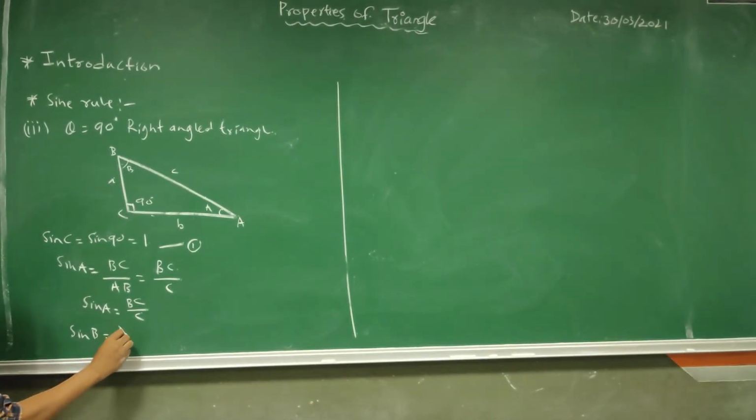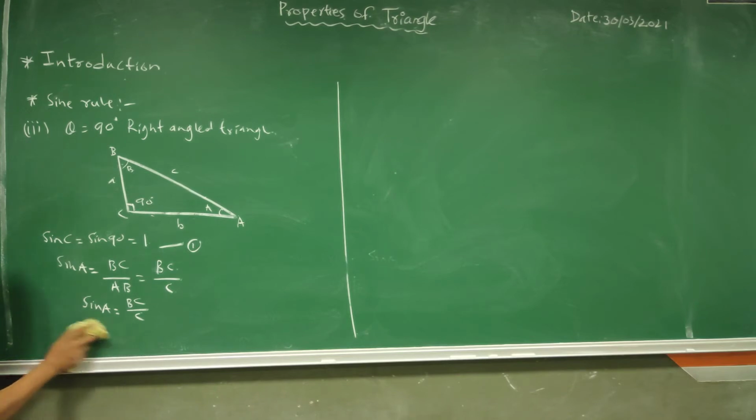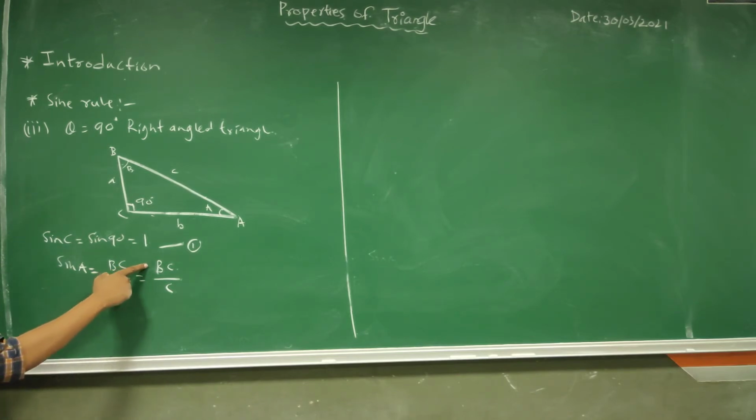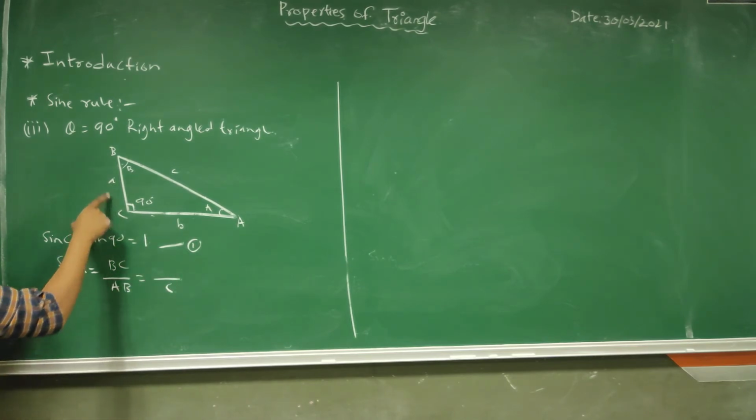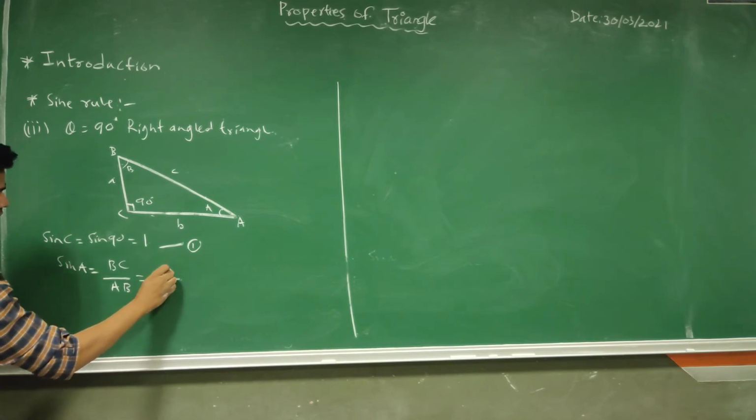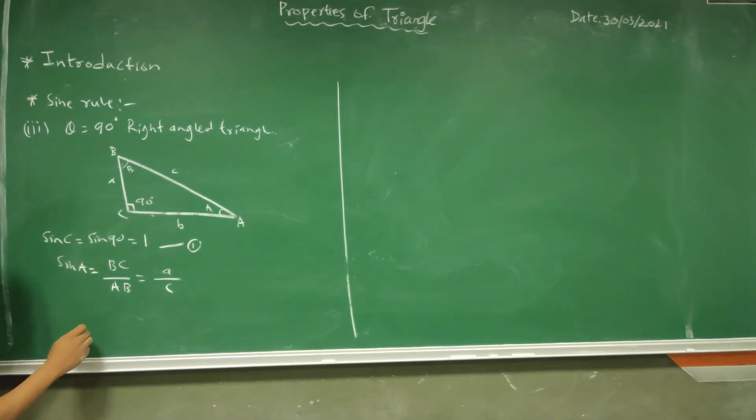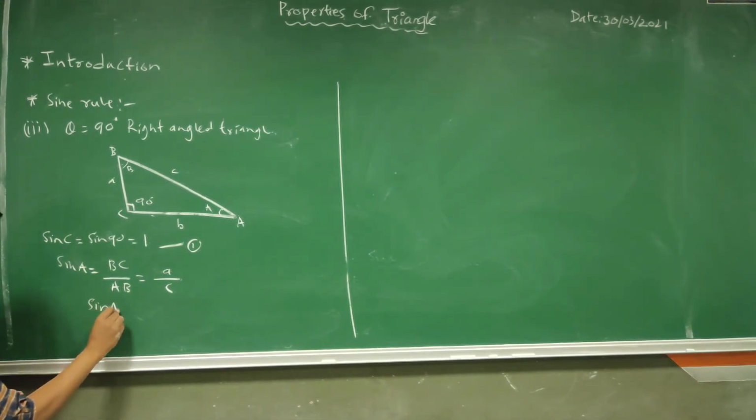Here BC is nothing but A. So sin A will be A by C.